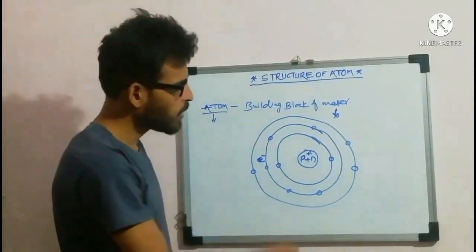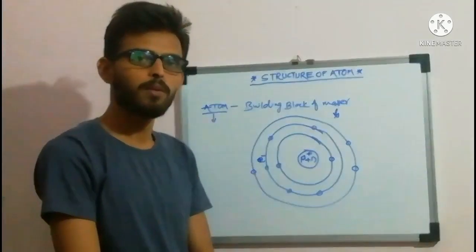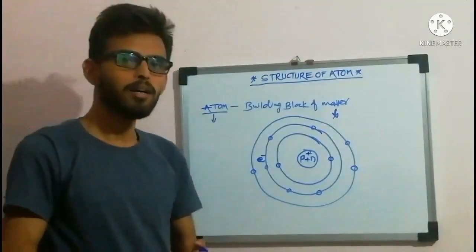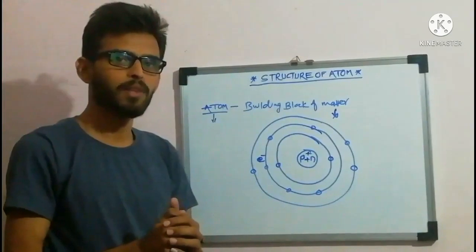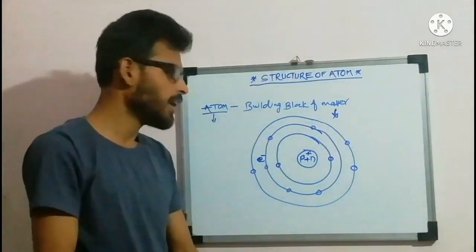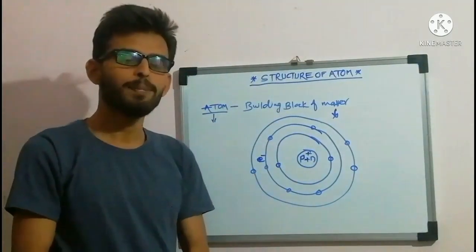As we know neutron has no charge, so what is the role of neutron in the nucleus? Neutron is important to make the nucleus stable, because there are multiple protons in the nucleus with positive charge, and like charges repel each other.